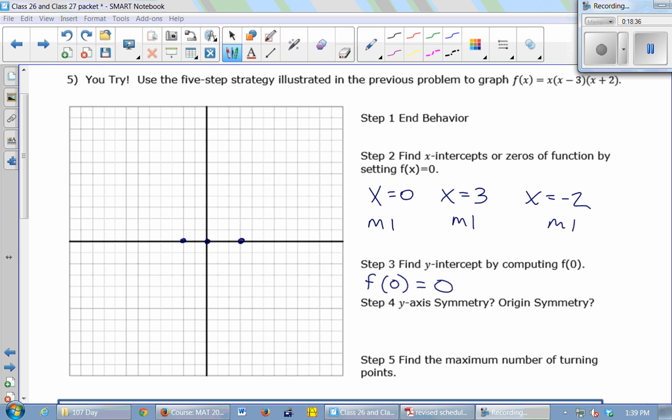For end behavior and for symmetry, it's helpful to have this thing multiplied out. So if I were to multiply this, I would get x squared minus x minus 6, and then distribute in x, so I get x cubed minus x squared minus 6x. So my end behavior, based on the leading term, would be what?